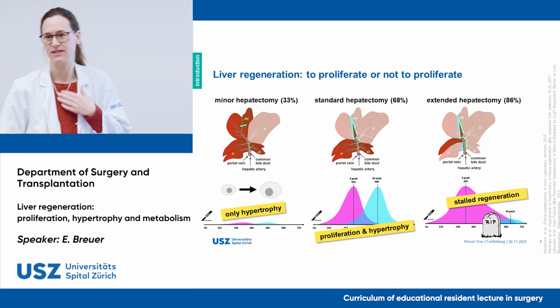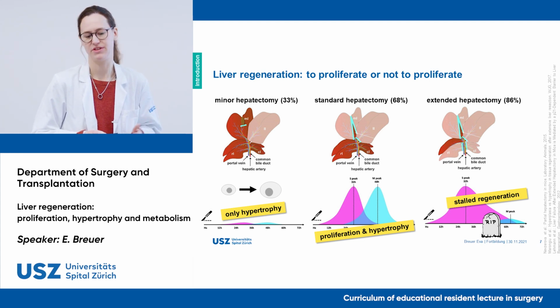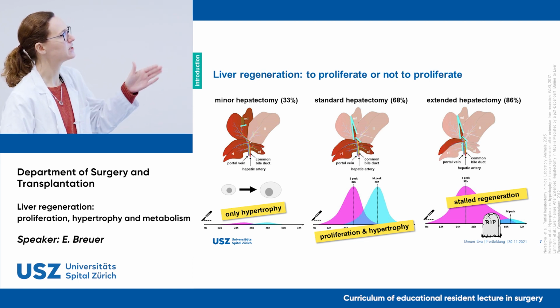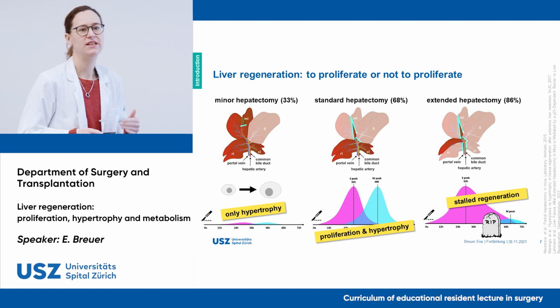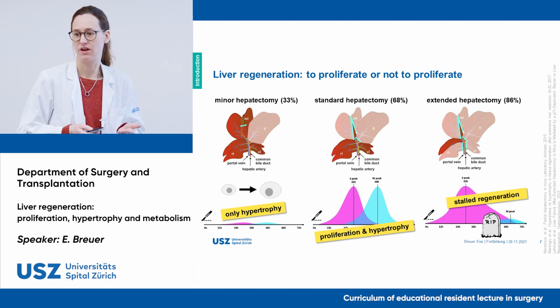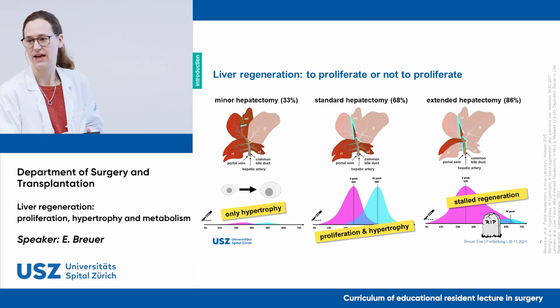On the other hand, and this is important for my project, if we take away just a little bit of the tissue, for example a minor hepatectomy where we take away about 1/3 of the liver, we don't see liver proliferation in the sense of cells dividing. But what you see is hypertrophy.